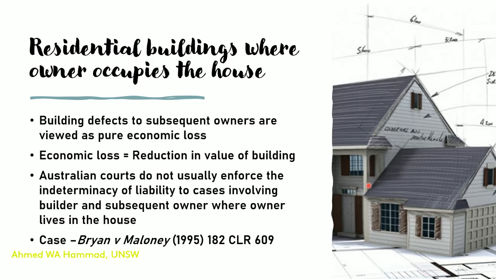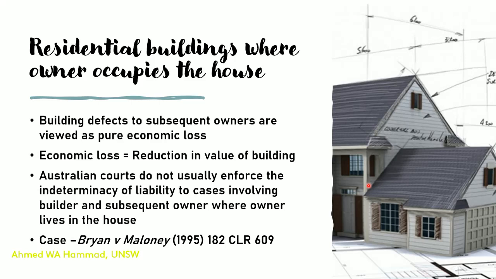So the Australian courts favour reimbursing owners that occupy the houses, even if you're talking about the third or fourth owner of a particular house. When a defect suddenly arises and that house was built 9 or 10 years ago, the court would still allow that owner to be reimbursed for the economic loss they suffered because of the defects. The courts here are not enforcing the indeterminacy of the liability.